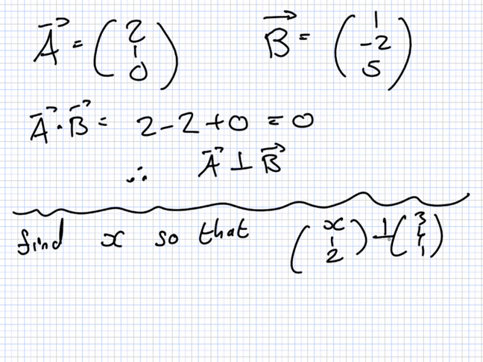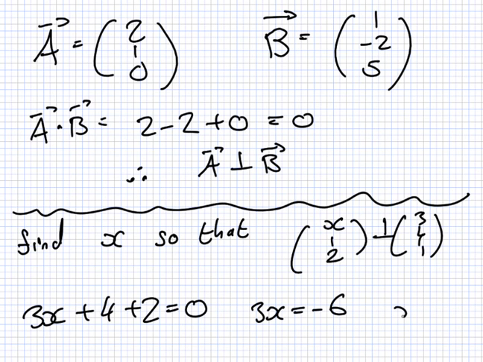Find the value of x that makes these vectors perpendicular. Yeah. So if these are to be perpendicular, it means the dot product should be 0. So that means 3x plus 4 plus 2 should equal 0. So 3x should equal minus 6, so x should equal minus 2. If x is not minus 2, then they are definitely not perpendicular, and if x is minus 2, then they are perpendicular.